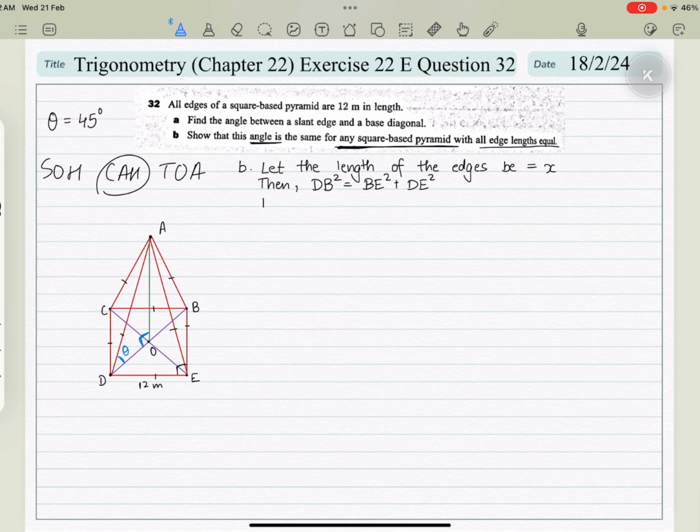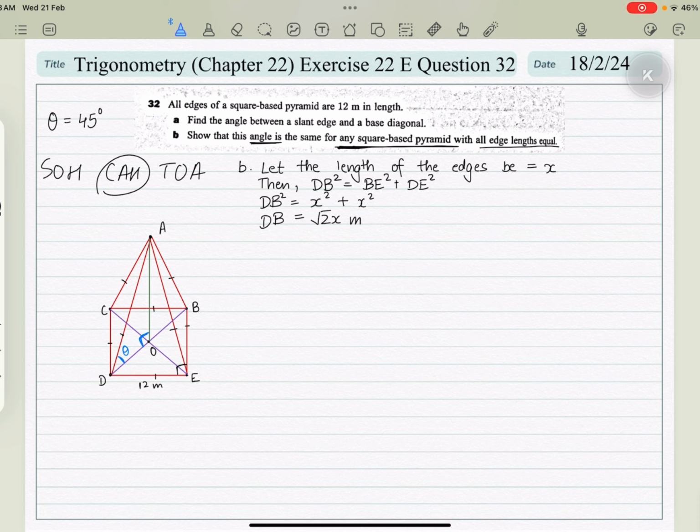That would mean DB square is equal to x square plus x square, because we're just saying that this is x, this is x, this is x, instead of being 12 or any number, it can be any number. So x square plus x square. So then DB is equal to root 2x.